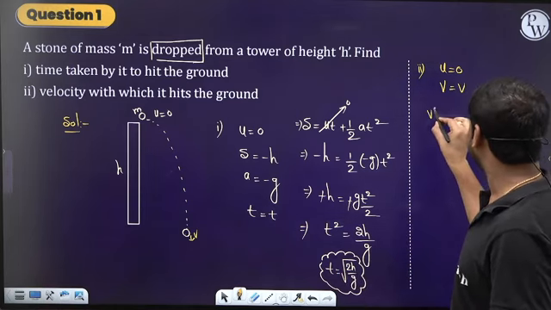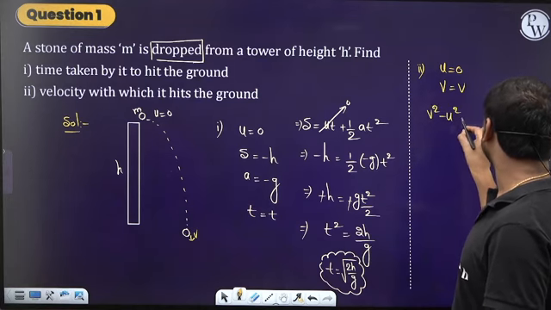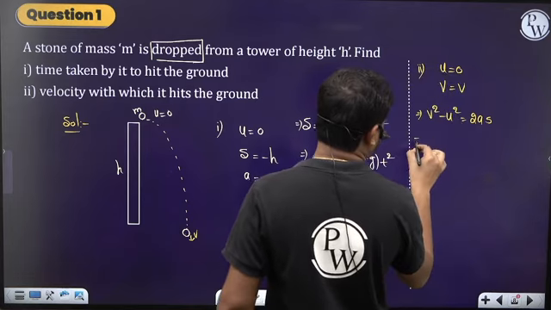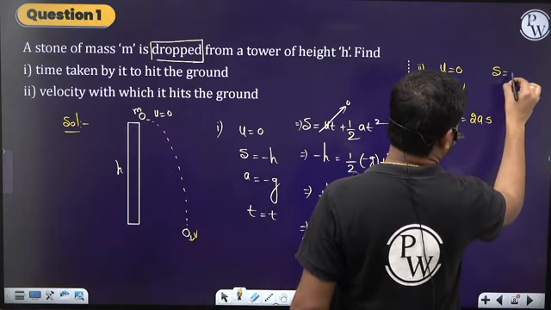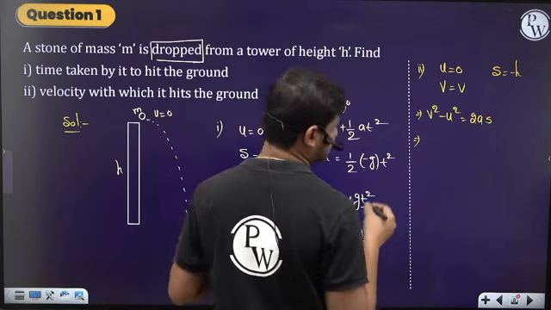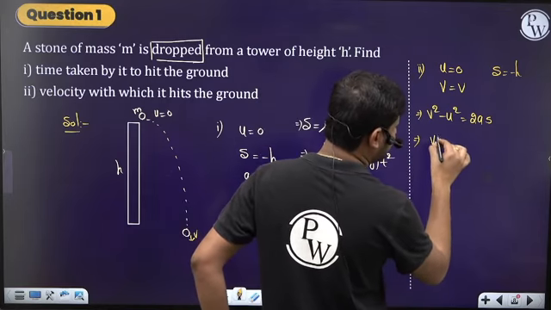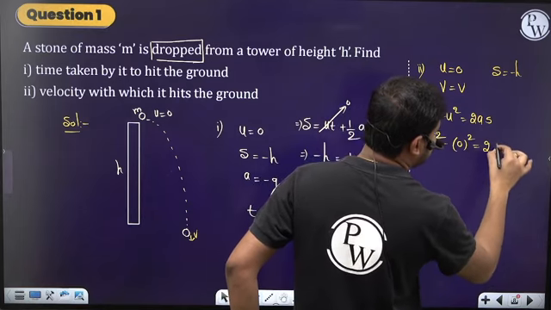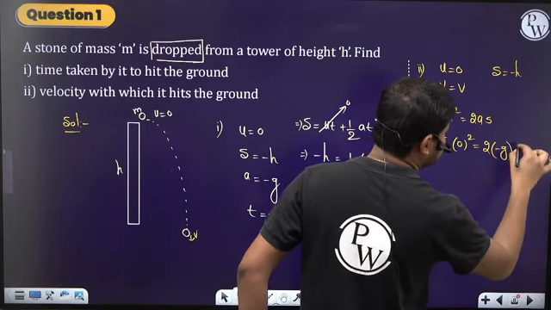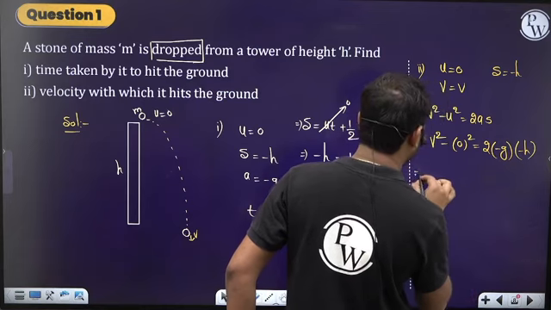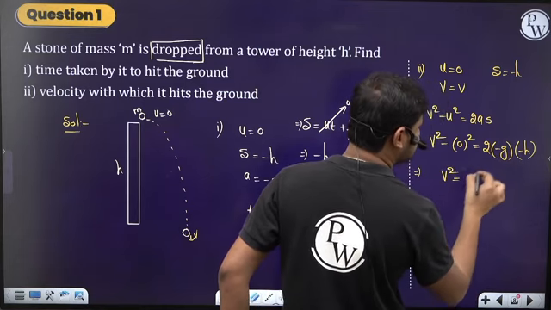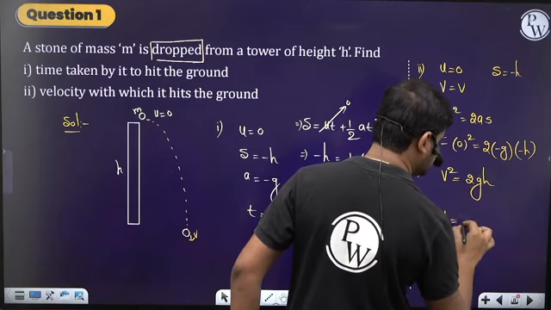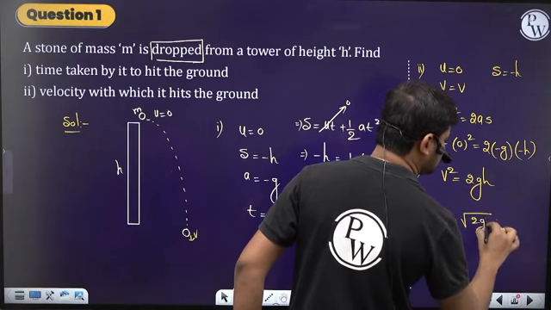Let me use the kinematic equation v square minus u square is equal to 2as. The distance s is minus h, right? So v square, which we have to find, u is 0, and 2 into a, which is always minus g, into minus h. So v square is equal to minus into minus plus, which is 2gh. From here v is equal to root over 2gh.